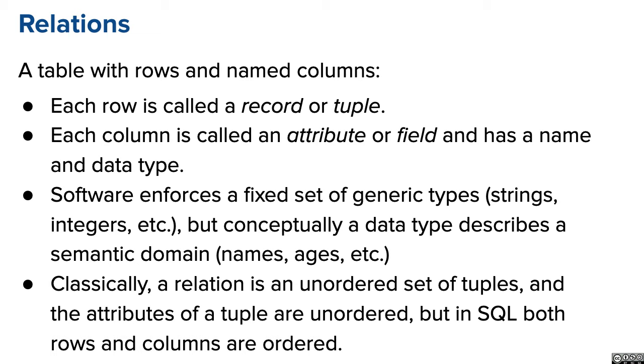One difference between a relation and a data frame is that in a data frame, every row also has a label. In Pandas, every data frame has an index, and that index gives you labels for each row. Whereas in databases like SQL or other relational databases, we don't have names for rows. We only have names for columns.